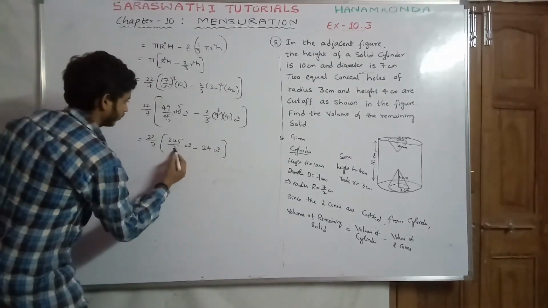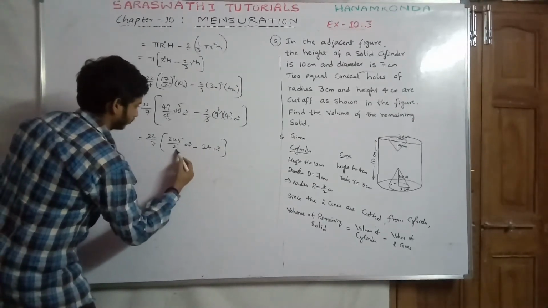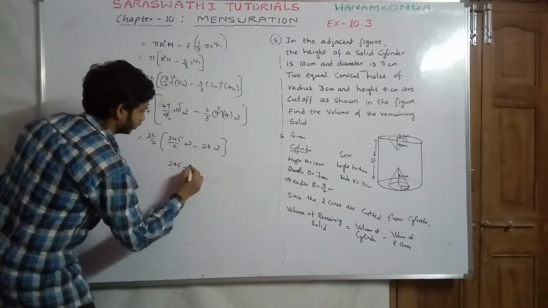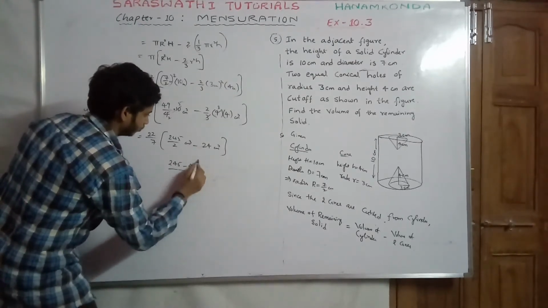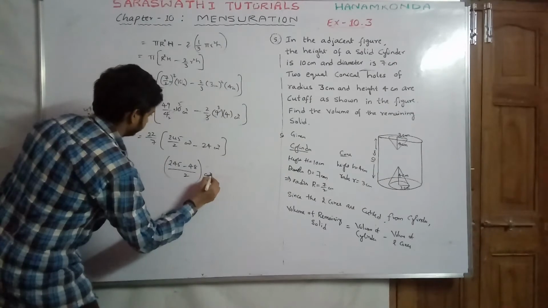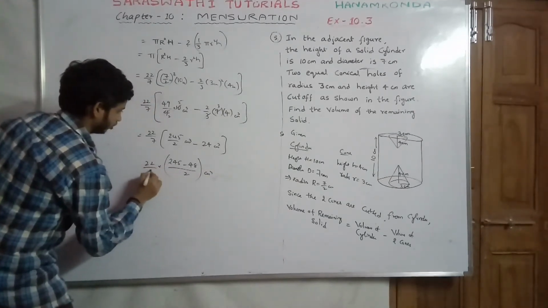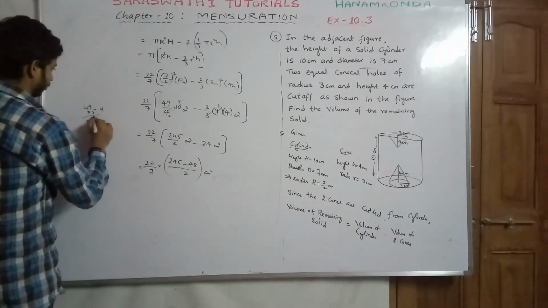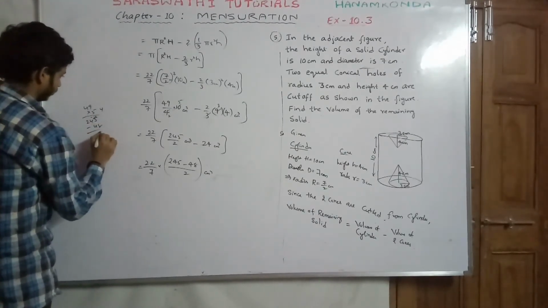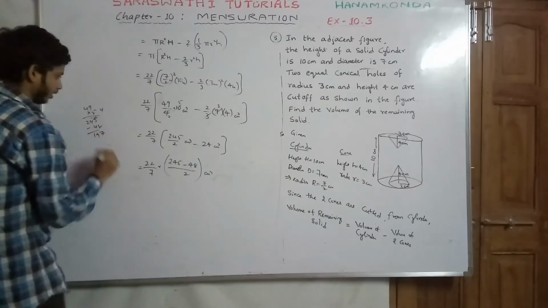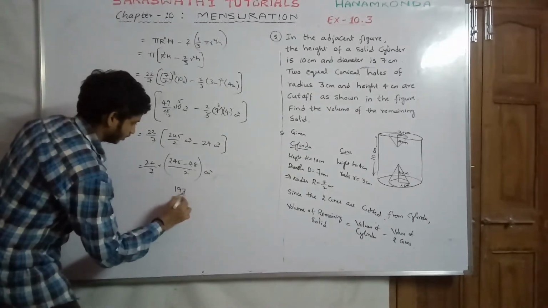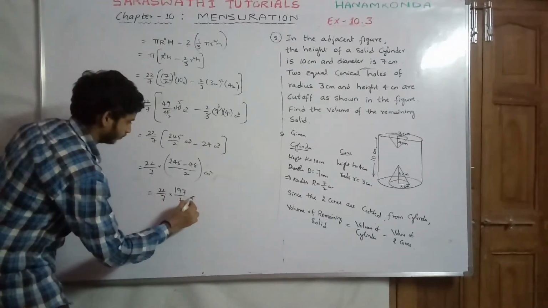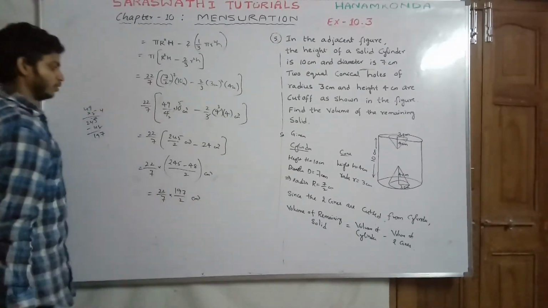So 245 by 2 minus 24; taking the common denominator, 245 minus 48 is 197 by 2, into 22 by 7.